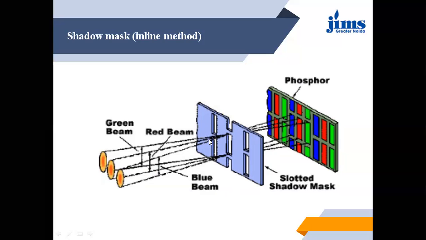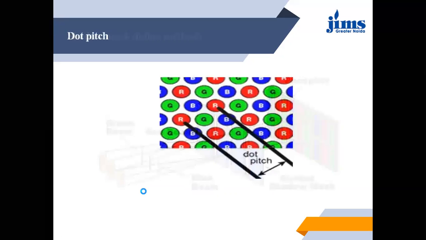So the image is produced using these three beams like earlier, and the intensity decides the color of the beam. The mask is used to produce the image location, and the intensity of these beams is used to produce the different colors.